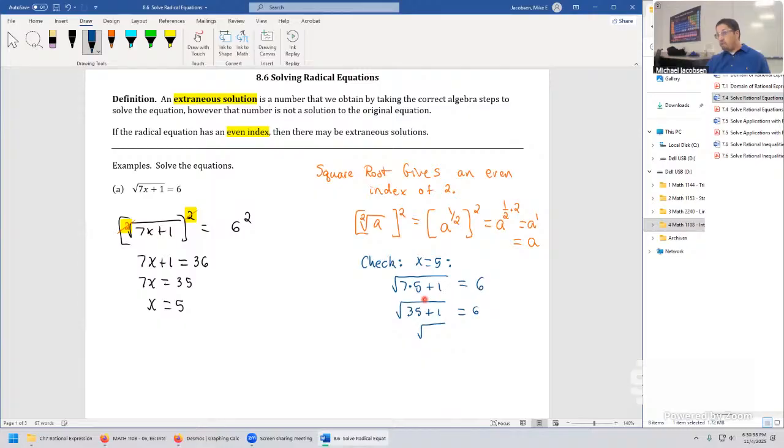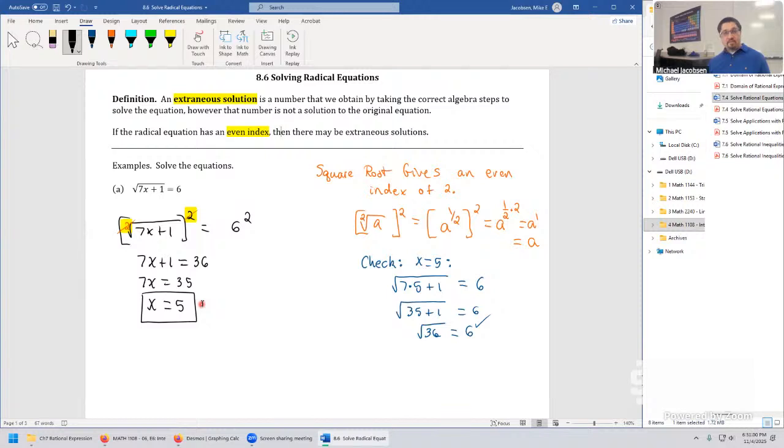The square root radicand simplifies to root 36 equals 6. At this point, I would trust that result. The square root of 36 is 6, because 6 squared is 36. And so x equals 5 is the answer to this one. And I'll box off the answers whenever we do a check, just to emphasize this is the only thing that's correct for the solution.